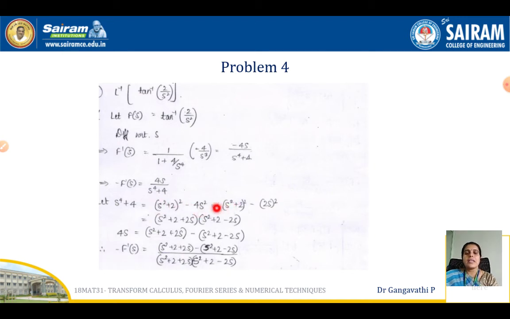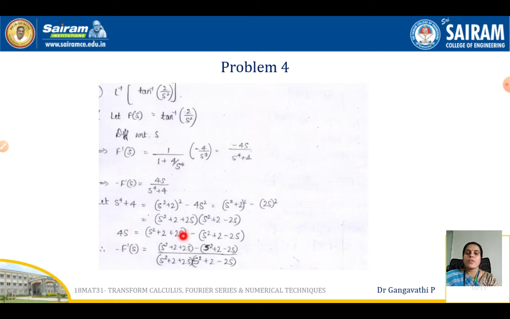So s to the power of 4 plus 4 plus 4s square together gives you this term, and minus 4s square is there as it is. So now you can write it as s square plus 2 the whole square minus 2s the whole square, which is in the form of a square minus b square. You can expand it by using a plus b into a minus b. So now minus f dash of s, with 4s in the numerator and this denominator, is equal to this expression by using partial fractions, and other things we have already solved.